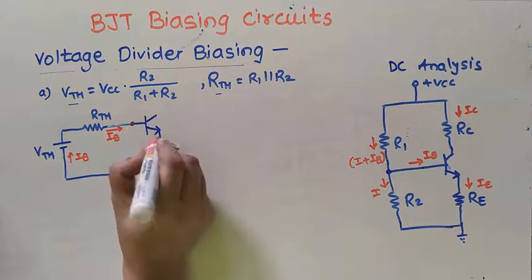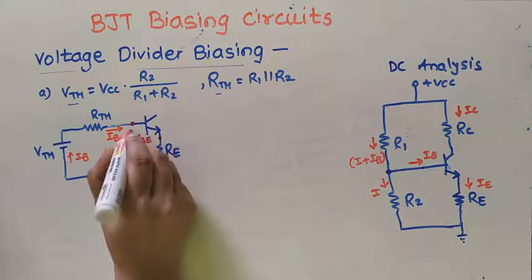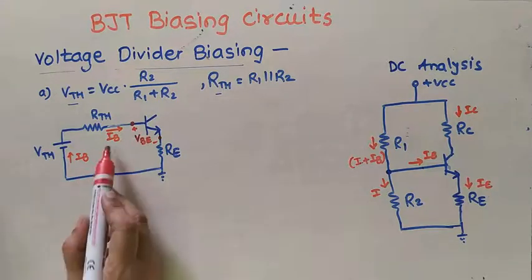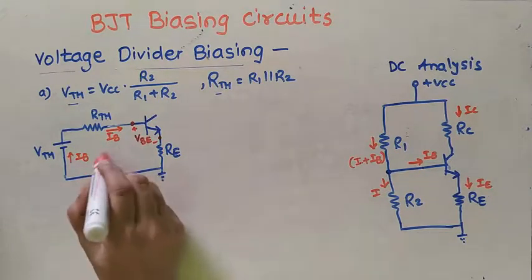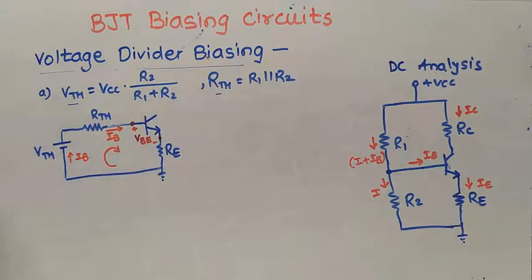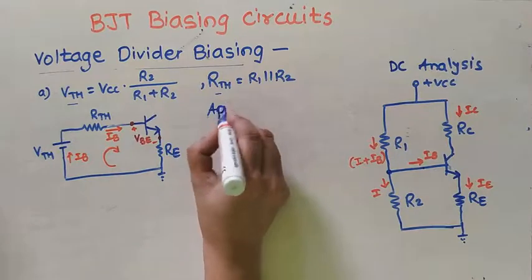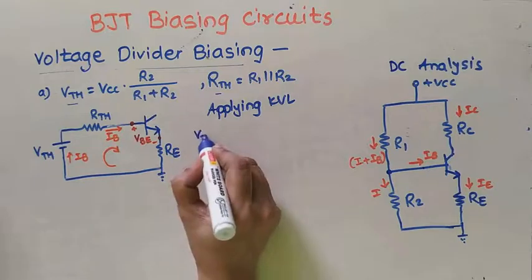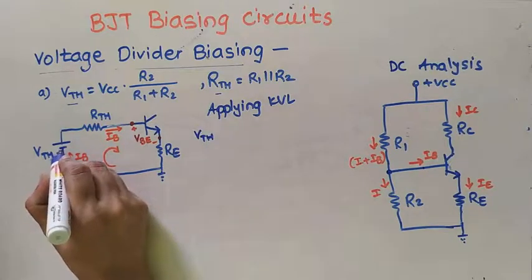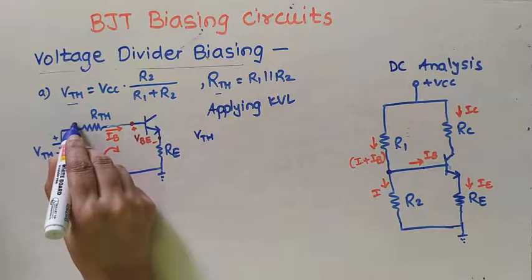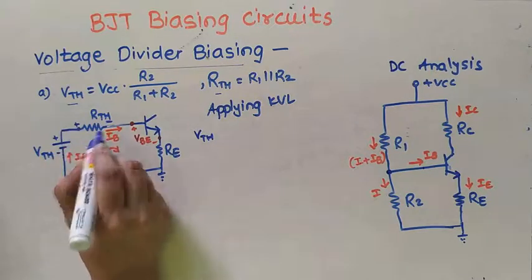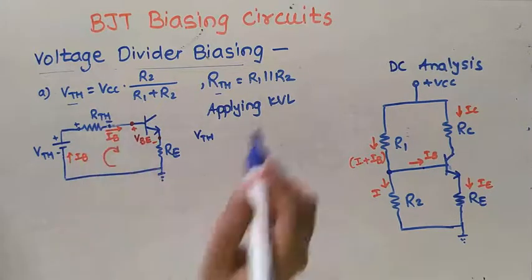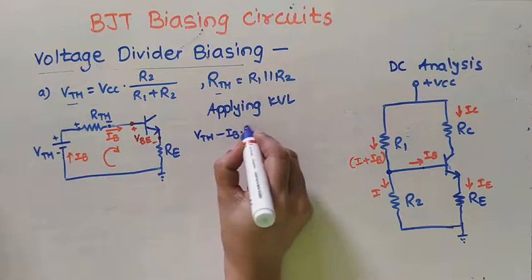Between base and emitter there is a voltage drop called VBE, having polarity plus and minus. To identify the value of IB, we apply KVL in this network. Starting from VTH, it is minus plus, so plus VTH. Across RTH we have a voltage drop, minus IB into RTH.